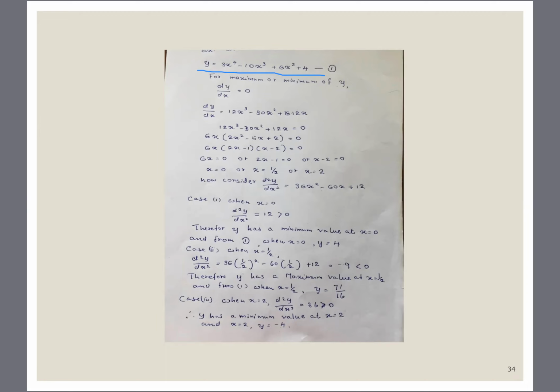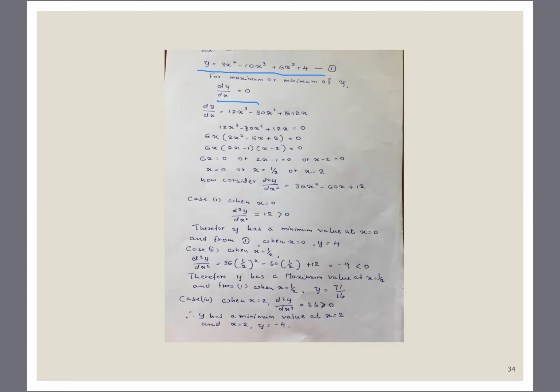So to find the maximum or minimum point, we need to get dy by dx, the first differentiation. After I differentiate, you can see the value here. 4 multiplied by 3 becomes 12x cubed, and the second term, 10 multiplied by 3, minus 30x squared, plus 6 multiplied by 2, 12x.